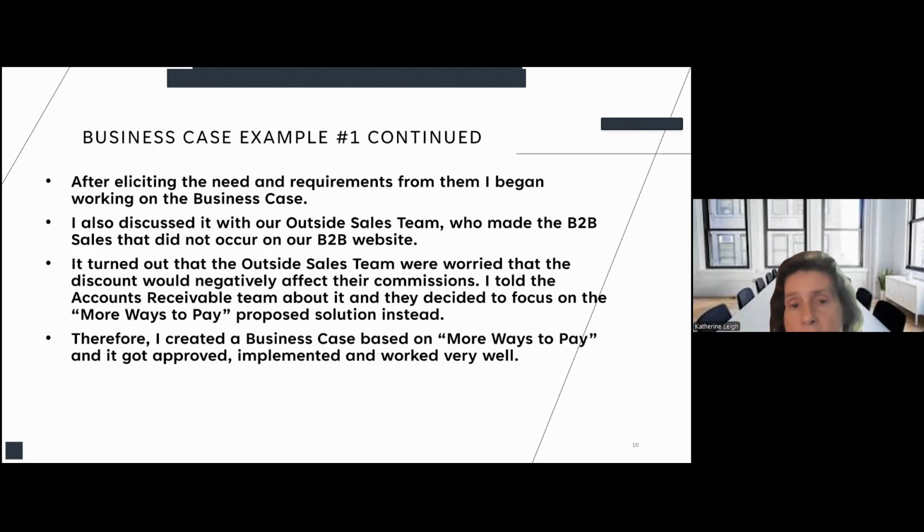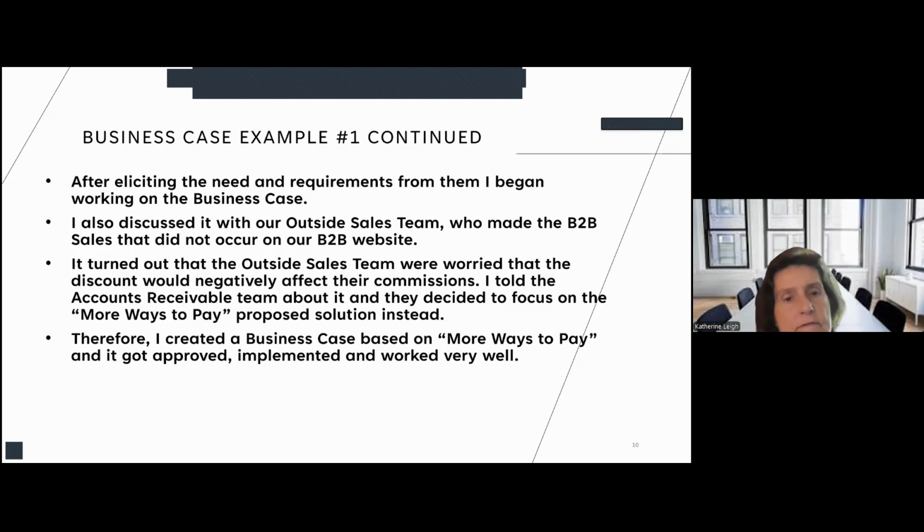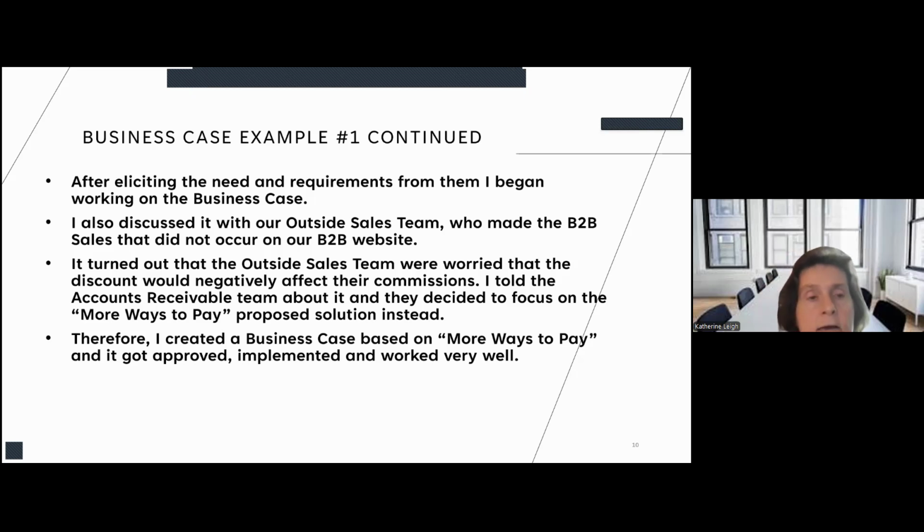They were located in various areas in the country, and they made the business-to-business sales that did not occur on our business-to-business website, because we had a business-to-business website so that businesses could log on and buy things. But there were also some retail stores, and there was also an outside sales team, and in many cases they were the ones who made those sales.